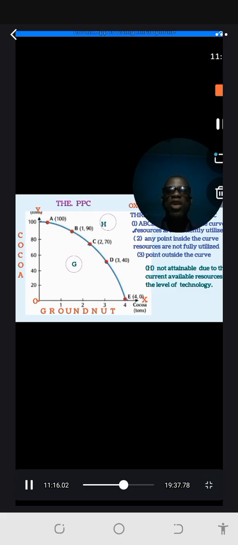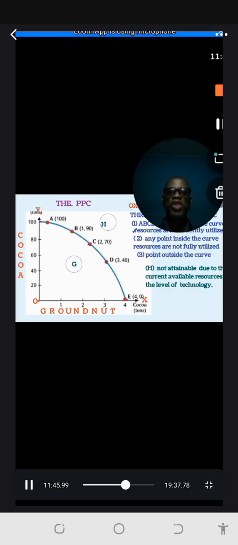If this economy wants to increase the production of groundnuts, it will shift to point D. The downward shift from point C to point D means an increase in the production of groundnuts, with more resources allocated to groundnuts, while resources allocated to cocoa will reduce.